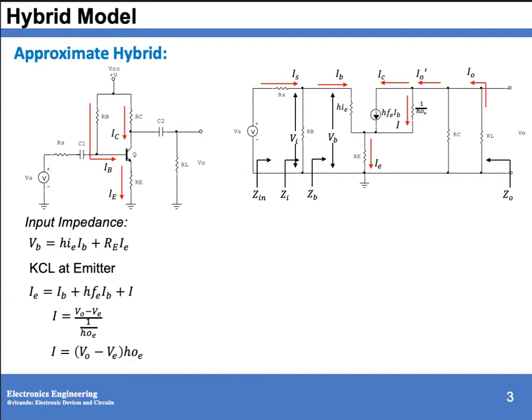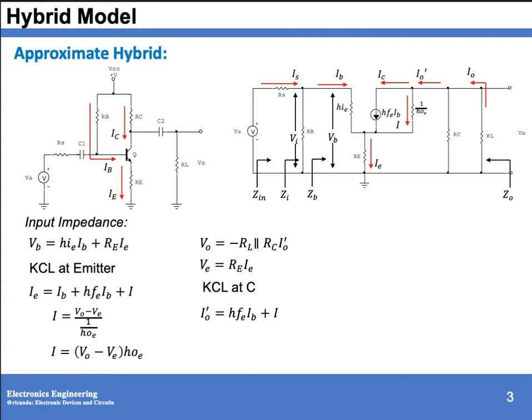Our BO equals negative RL in parallel with RC times IO prime, and our BE equals RE times IE. If we get the equation of IO prime at the collector terminal, IO prime equals HFE IB plus I.